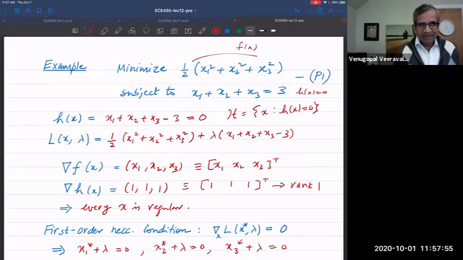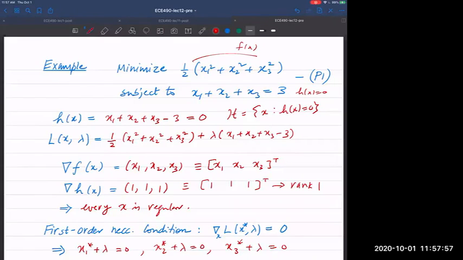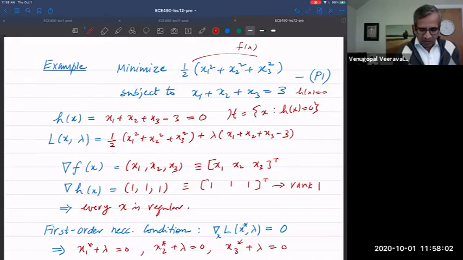This is a hyperplane, so it's also convex. So we're minimizing a convex function on a closed and convex set.